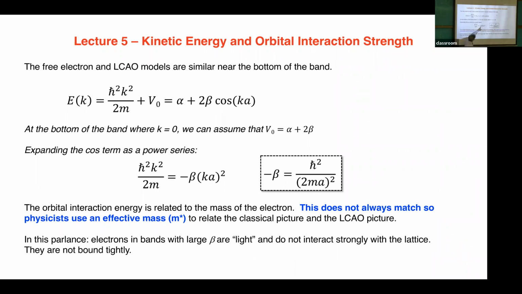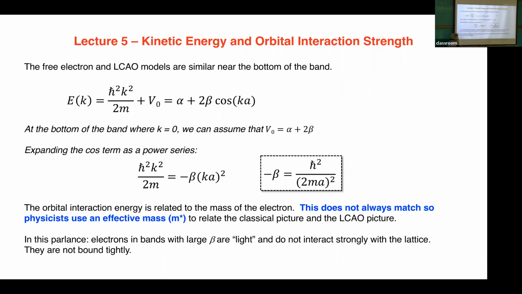Okay, so here we're looking at the orbital interaction strength, unit cell dimension, and then the mass of the electron and its momentum. Okay, so the orbital interaction strength turns out to be related to something called the mass of the electron. Well, it's not called the mass. It's related to the mass of the electron and Planck's constant.